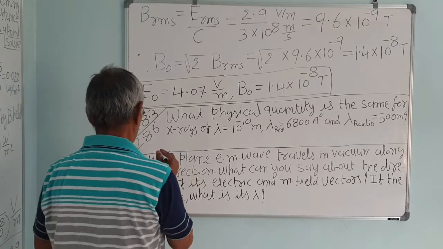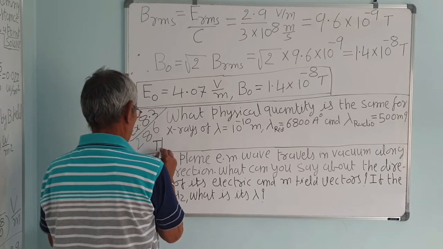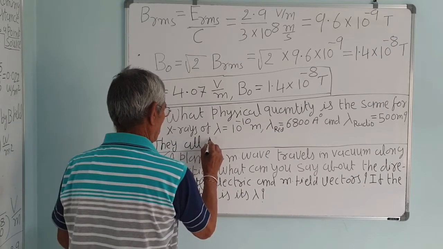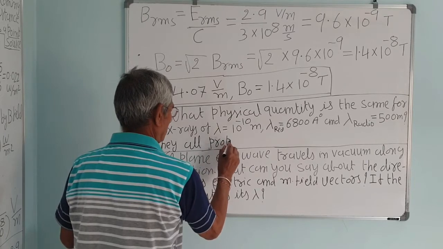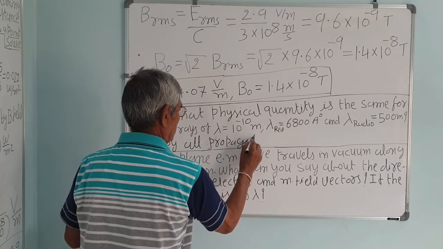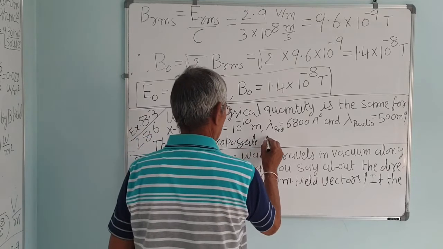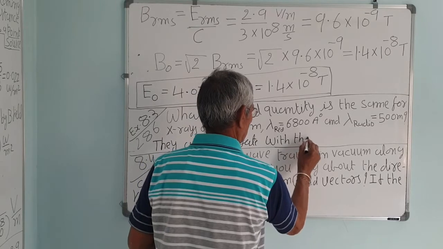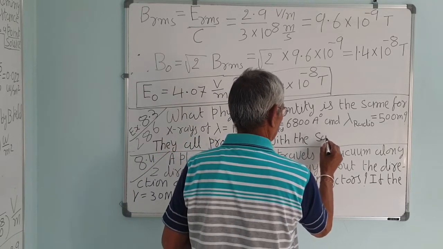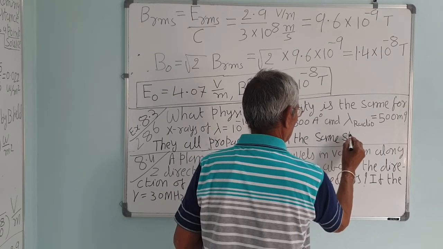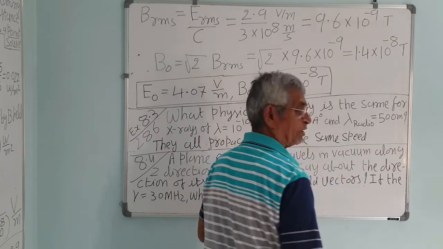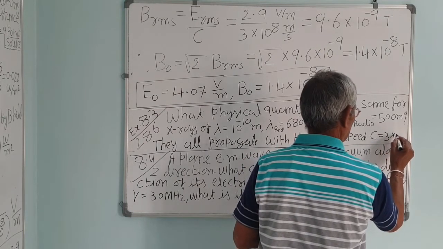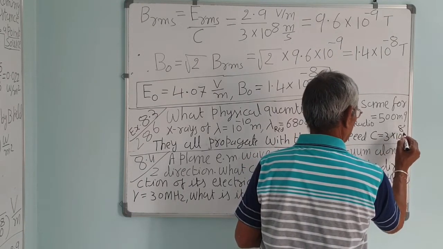They all propagate with the same speed. That is the speed of light, the same speed c, which is equal to 3 into 10 raised to 8 meter per second.